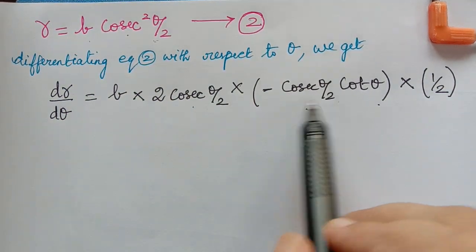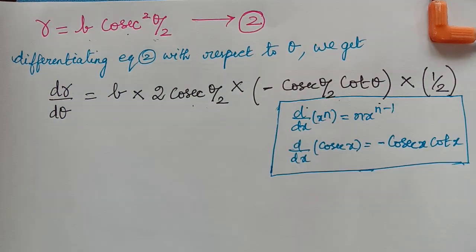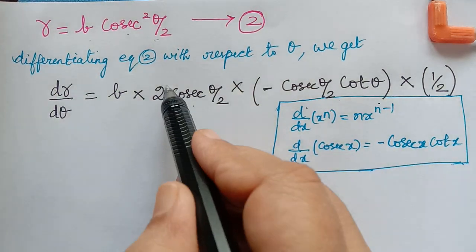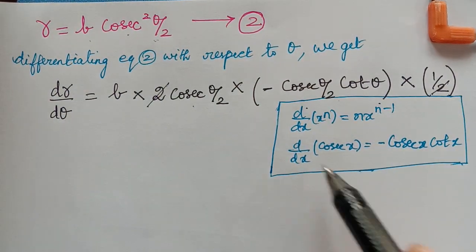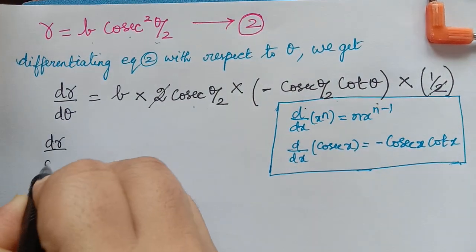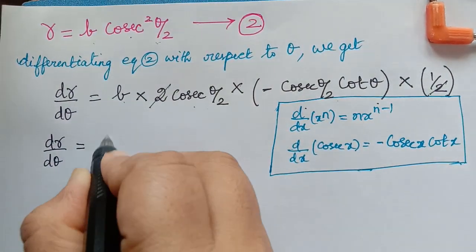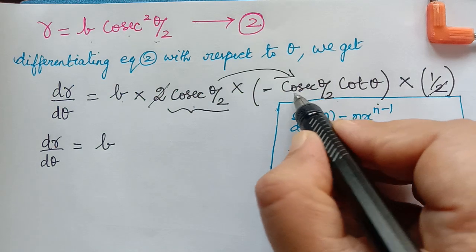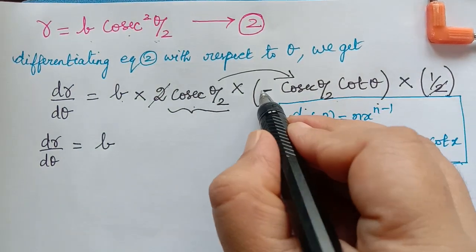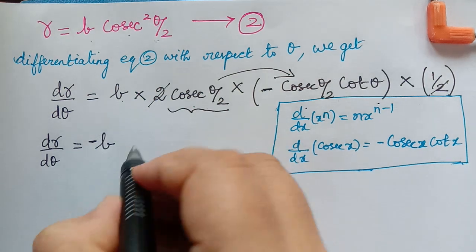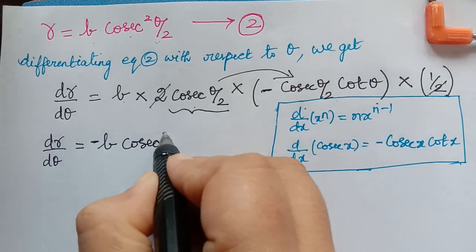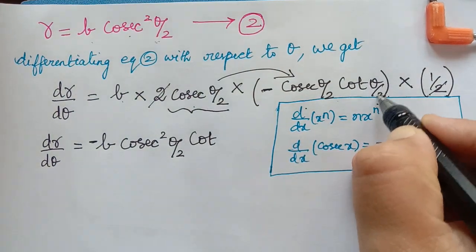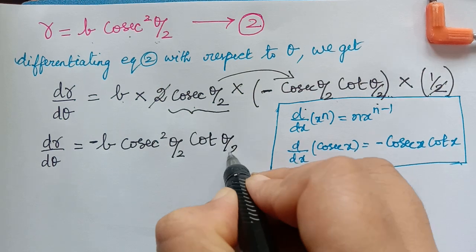These are the two formulas that we have used, and I have listed them here. Now this 2 and this 2 get cancelled, and we get dr by d theta equal to b multiplied with cosecant squared theta by 2, and the negative sign we can write in front. So it will be minus b cosecant squared theta by 2 cot theta by 2.